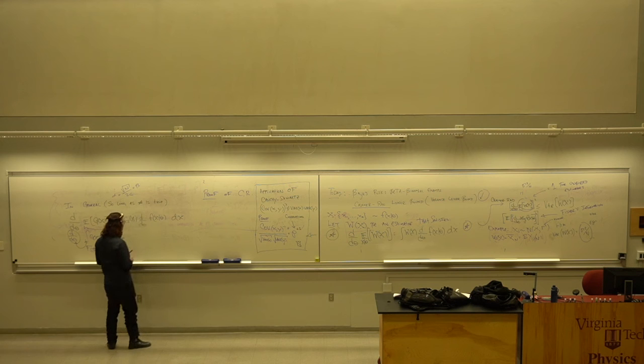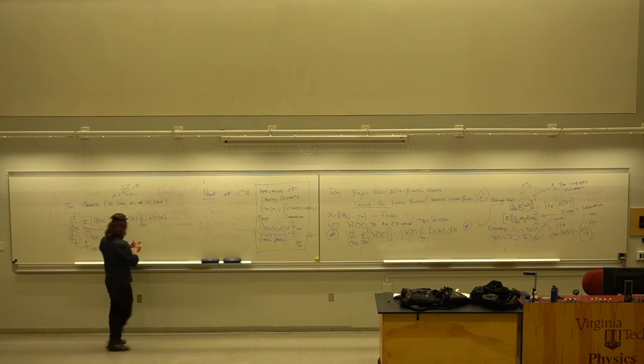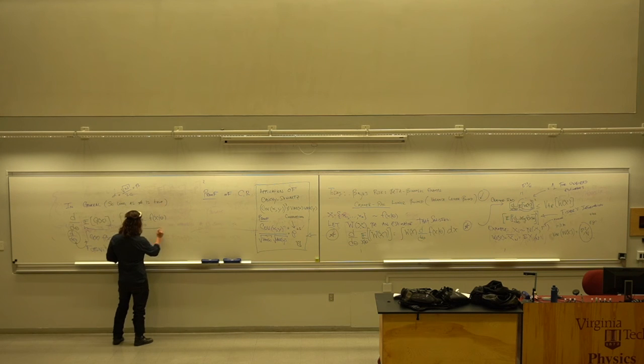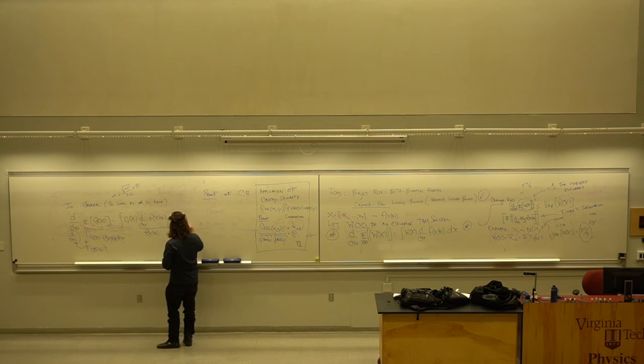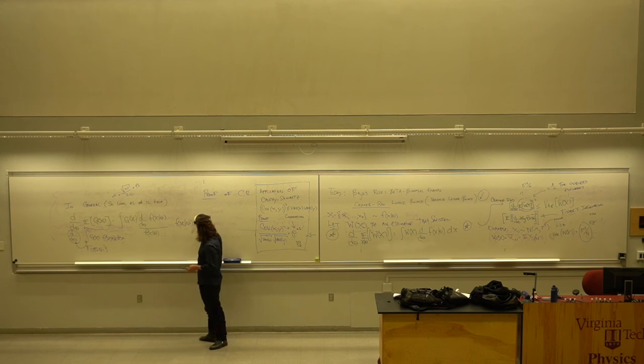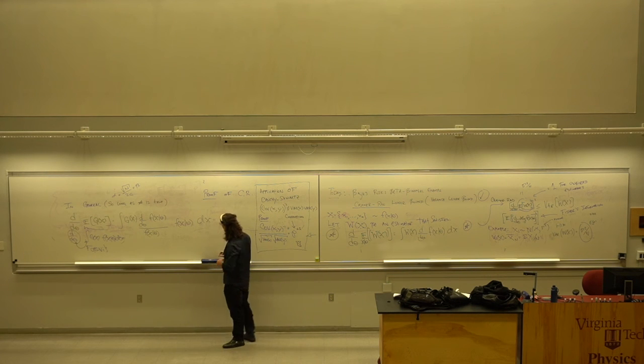I'm just going to rewrite this a little bit. So let me just do a step. I'm going to divide by f of x given theta, and I'm going to multiply by f of x given theta. So I just multiplied by a funny form of 1. So I haven't changed anything. And I'm going to reinterpret this real quickly.